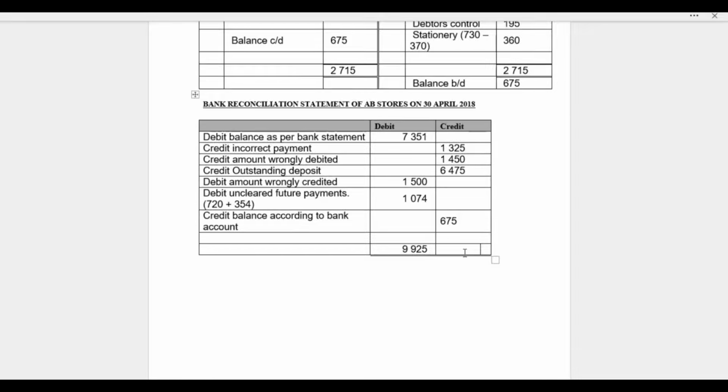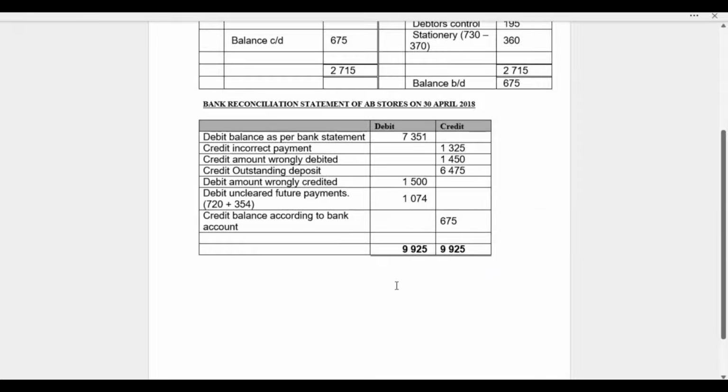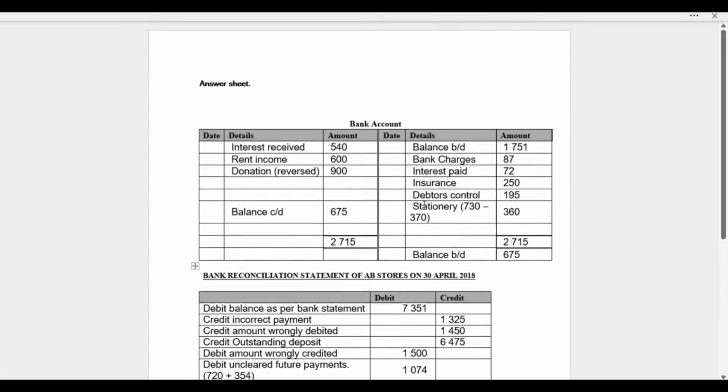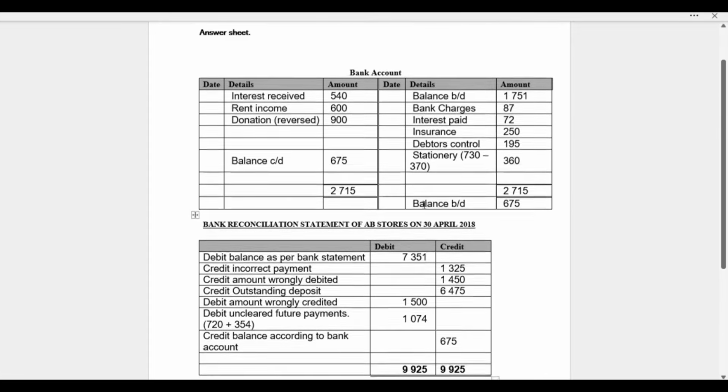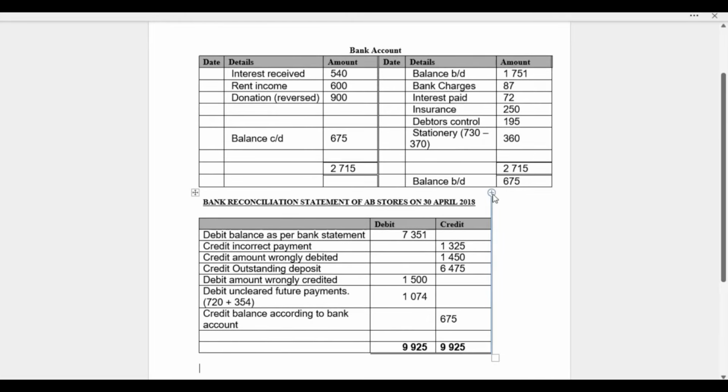I also get 9,925. Therefore, our bank reconciliation is balancing, and it means we have done the correct things to reconcile both books, and everything is correct there. We are all happy that everything is balancing.